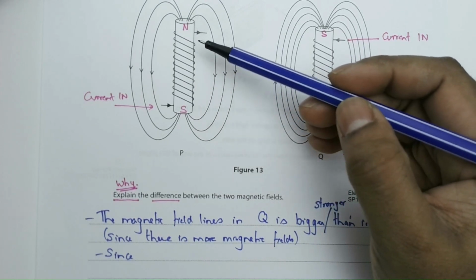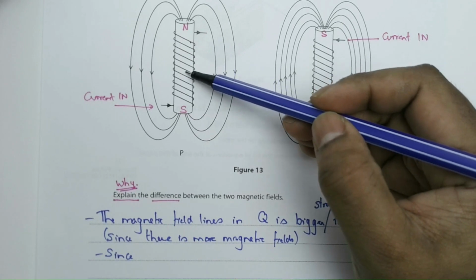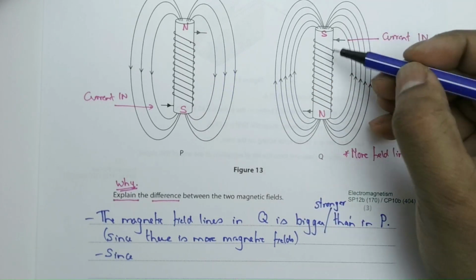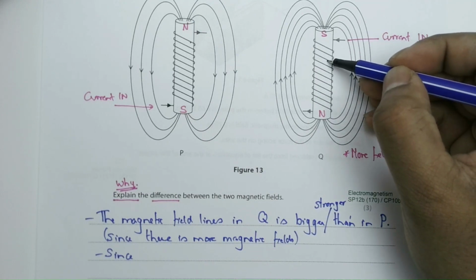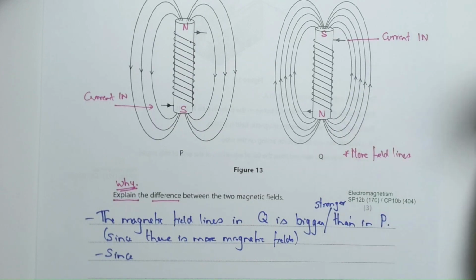Now as you can see, if I count the number of coils, 1, 2, 3, 4, 5, 6, 7, 8, 9, 10, 11 coils. In Q, 1, 2, 3, 4, 5, 6, 7, 8, 9, 10, 11. So they have the same number of coils, so the number of coils is not affecting the strength of the magnetic field here. The only thing that can affect the magnetic field strength here should be the current.